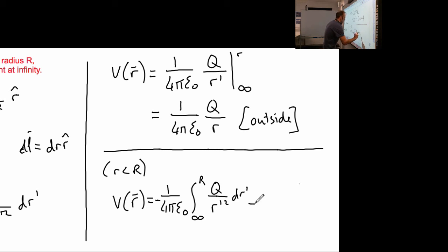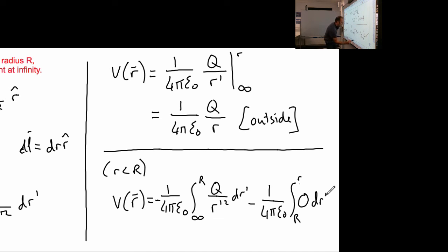minus 1 over 4 pi epsilon naught times the integral. And what happens inside is quite interesting, because we have the integral from big R to little r. The electric field is 0 inside because there's no charge enclosed within that spherical shell. So this integral here in fact is 0. So this all works out extremely nicely.